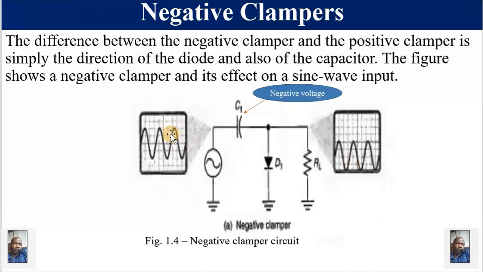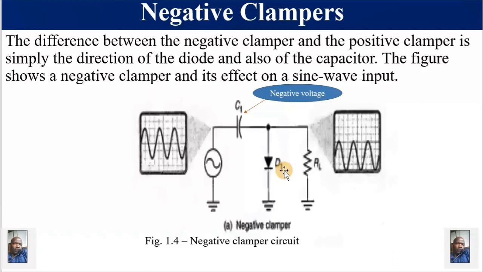Why? Because the positive peak is now almost equal to the zero reference value. So you must be able to draw and describe the operation of this negative clamper. Please emphasize the following: this capacitor charges when the input is positive and it discharges when the input is negative.